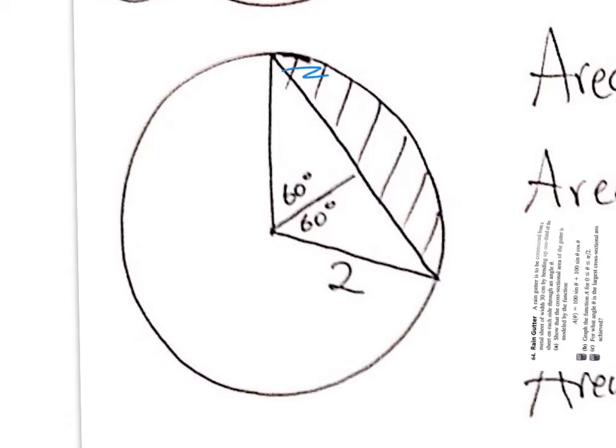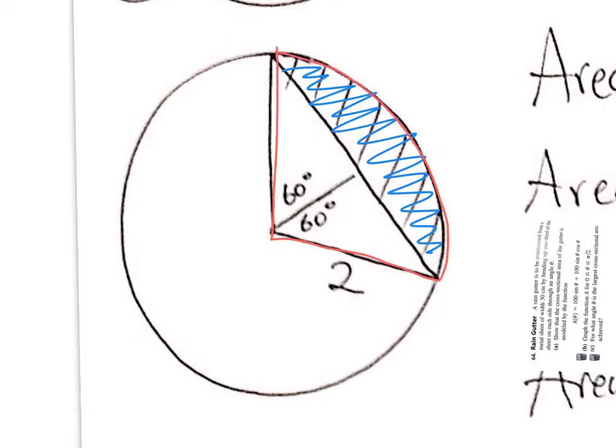So we are looking for the shaded area, and it is the area of this. Okay, so that's a sector minus the area of this, which is a triangle. So go back to what you know about right triangles, and we've been using SOHCAHTOA for a while.